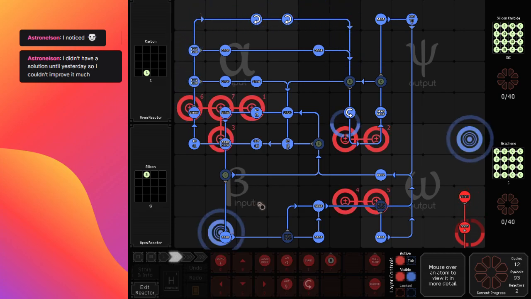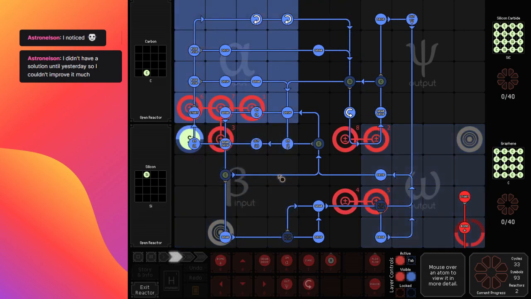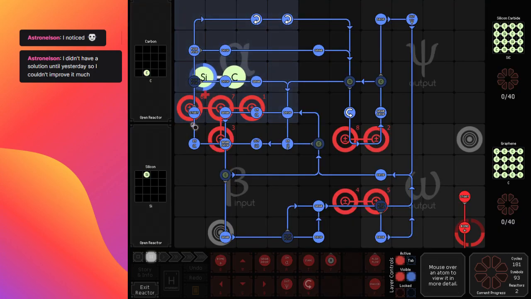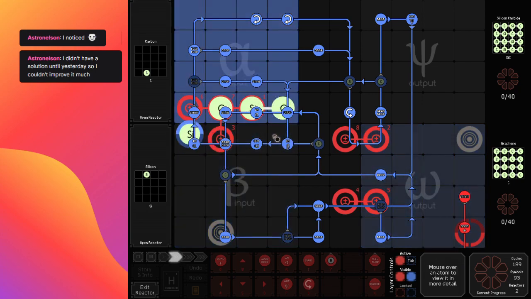Now let's take a look from the beginning. I guess the startup takes a little while. Alright, so there's a carbon input.